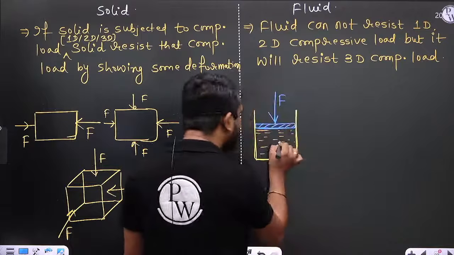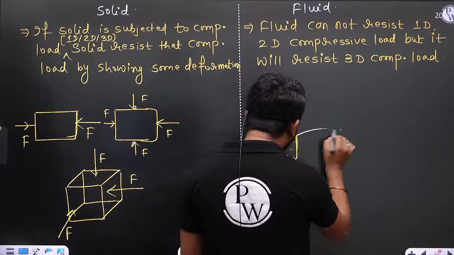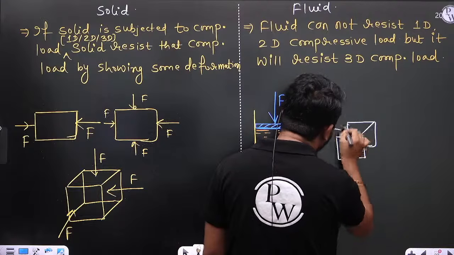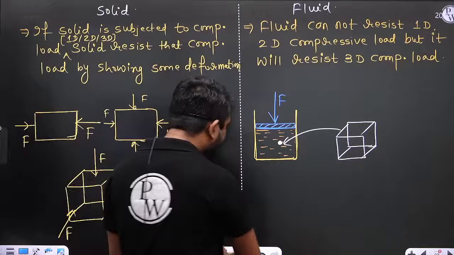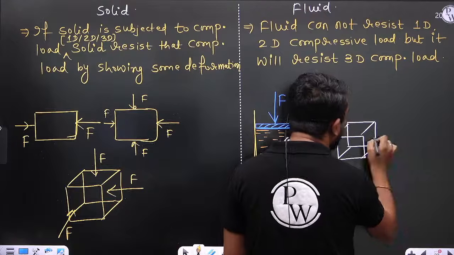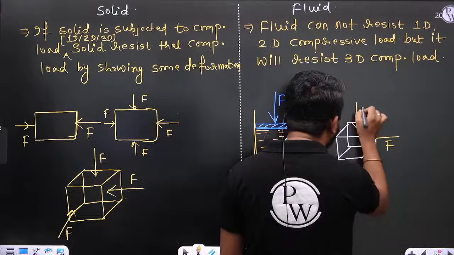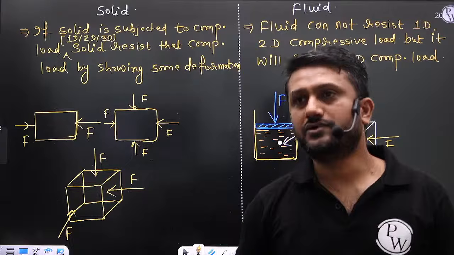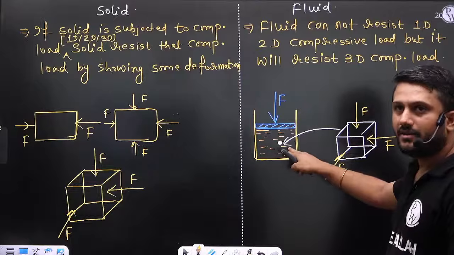Let us consider there is some fluid particle, and if I see this fluid particle in a large manner and show the free body diagram, this fluid particle is subjected to compressive force F and compressive force F. So this is the free body diagram of this fluid particle. Are you getting my point?